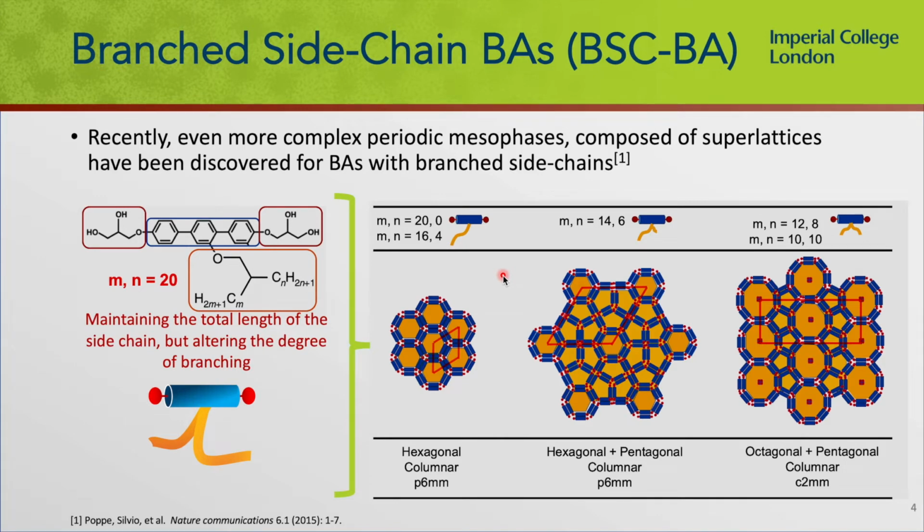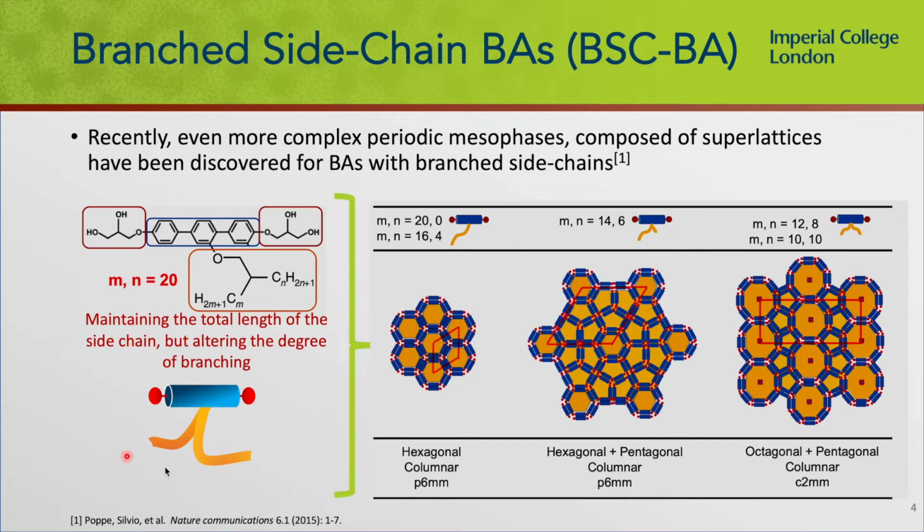Even more complicated phase behavior can be observed in these molecules. Here I'm demonstrating a recently discovered phase behavior of these molecules, where instead of a T-shaped Bolaamphiphile, you could branch this lateral side chain into different length alkanes.